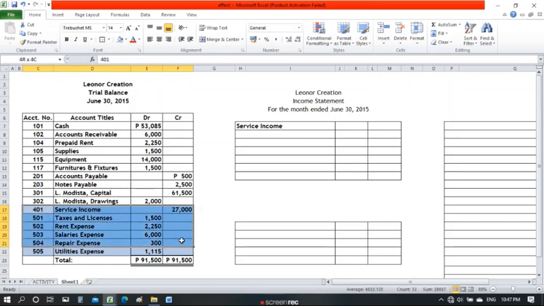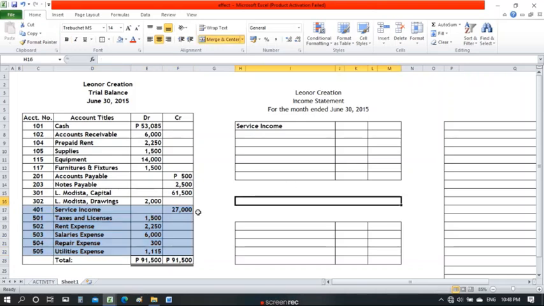I highlight the accounts that are only included in the income statement. Always remember that only the income and expenses accounts ang kasama sa income statement.